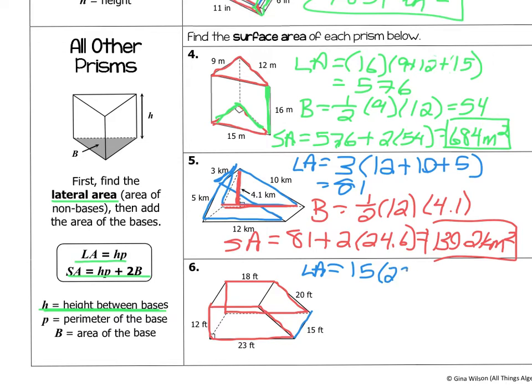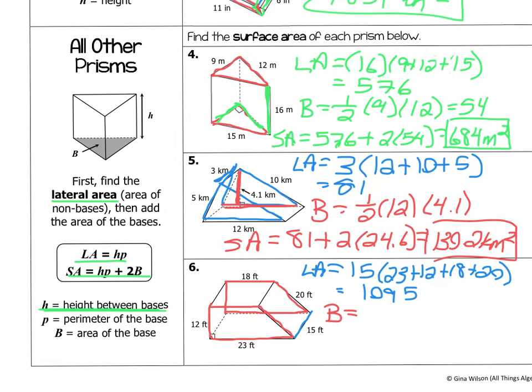So it'd be 23 plus 12 plus 18 plus 20. So once I find all that, I should get, I believe it's 1,095.